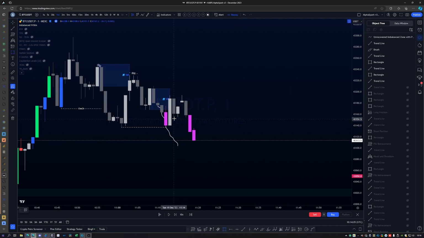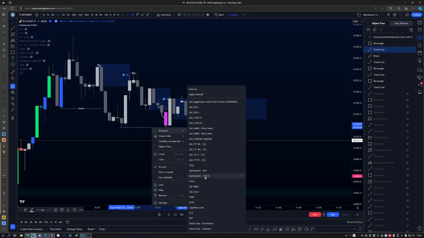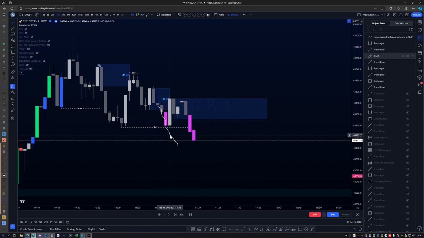Now, for example, break of structure confirmed, with a liquidity grab before moving down.